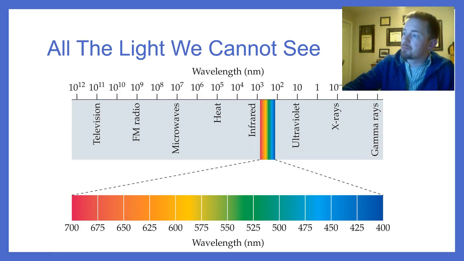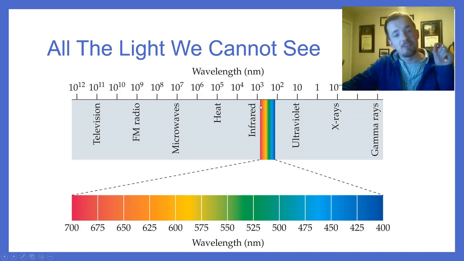Our eye only is able to interpret these particular frequencies. We'll talk more about this in the color chapter, but what you're looking at right here with the red is about as fast as these frequencies get for our eye to really be able to pick up on. Anything faster than that, faster frequency, becomes infrared, and we can't actually see that stuff.